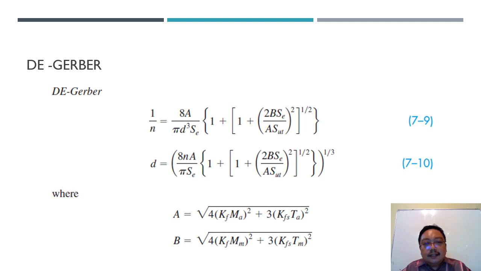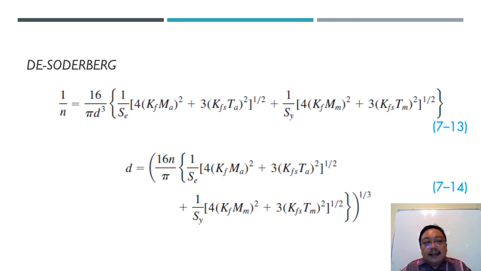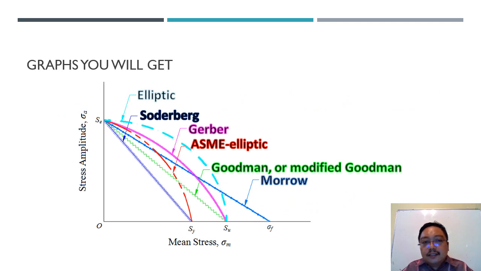This is another distortion energy theory by Gerber, this is by ASME elliptic, and finally the distortion energy theory by Soderberg. All these theories, elliptic, Soderberg, Gerber, ASME elliptic, Goodman, and also Morrow, represent failure theory.